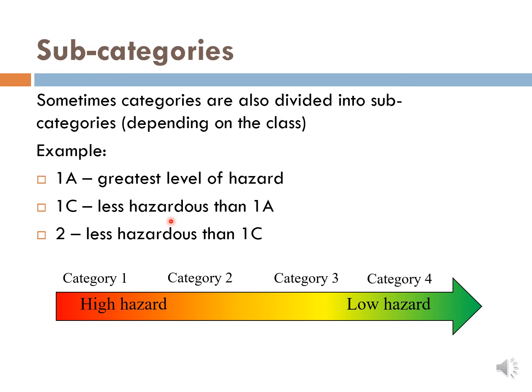So 1C is less hazardous than 1A, because 1A is closer to category 1, and of course 1C is a little farther. Similarly, if we compare 1C with 2, of course 2 is less hazardous than 1C. And if there is 1D or more categories in between, this is just an example. There may be more subdivisions or subcategories.